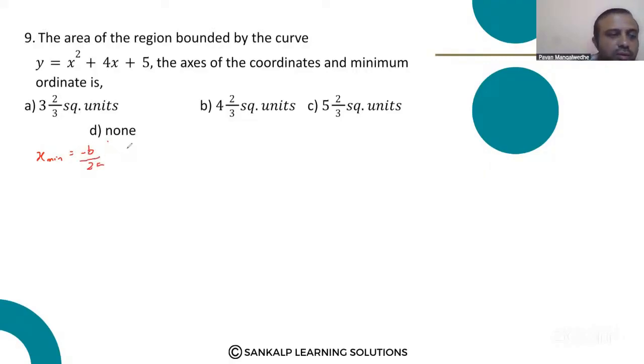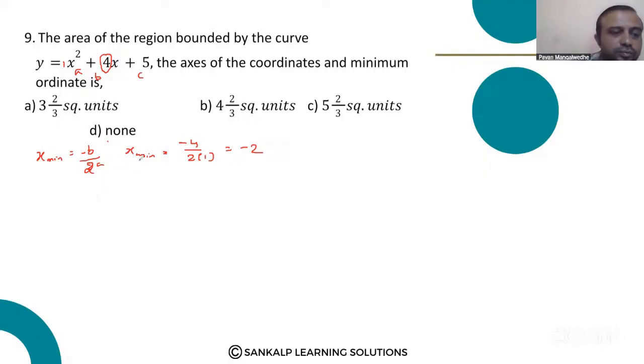So x minimum is minus 4 by 2 into a, and here a is 1. Already you know this. So the answer is minus 2. The y-axis is x equal to 0, the x-axis is y equal to 0, and the minimum ordinate is minus 2.